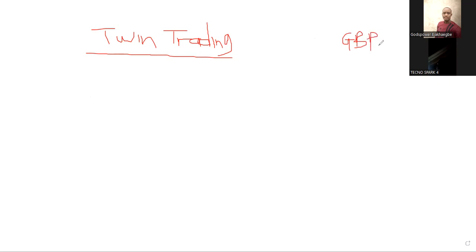This is a signal. And let's say in this signal, the signal is buy stop at 1.20 so and so value.